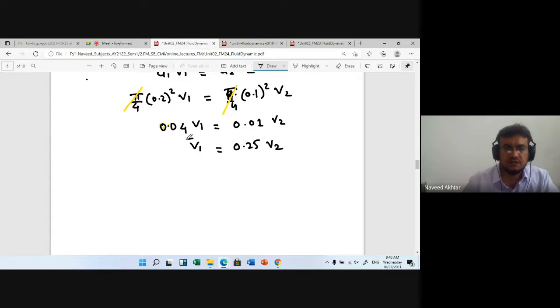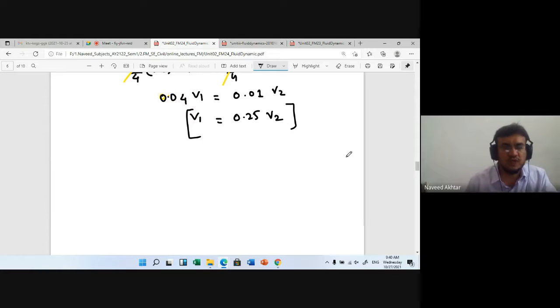That is, V1 is 0.25 times of V2. So now I will write by using the Bernoulli's equation again. Here the pipe is horizontal.